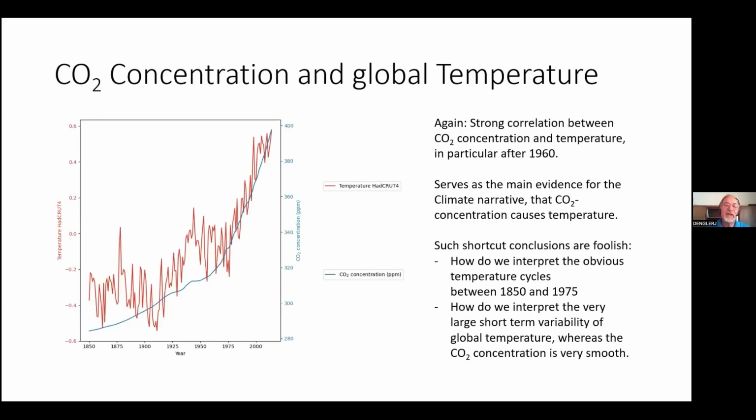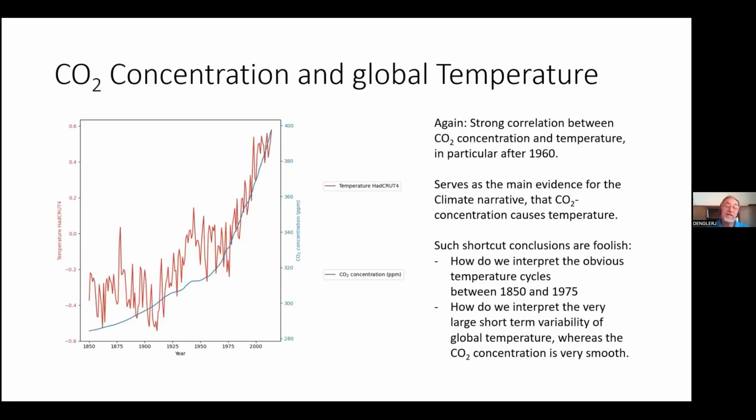Okay, then we have the next data, the CO2 concentration and global temperature. And again, after 1960, we have a strong correlation between CO2 concentration and temperature.